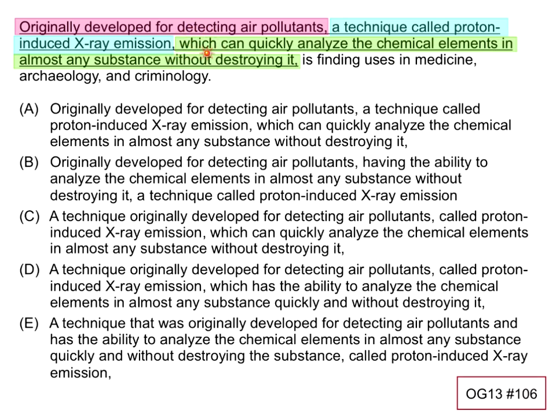And is that referring to this thing over here, the emission, or is it referring to technique? Some people are saying the emission, some people are saying the technique. Does it matter? Is it fine either way? Or is there a problem?